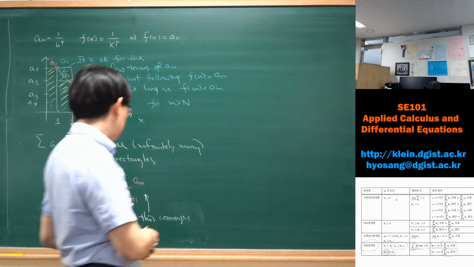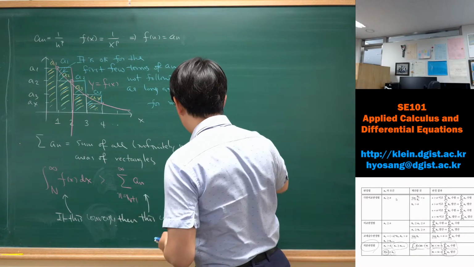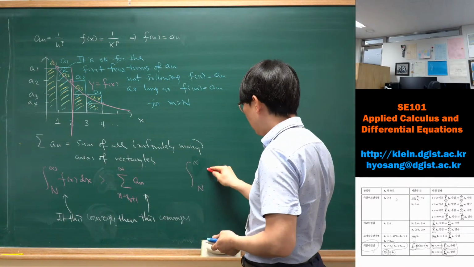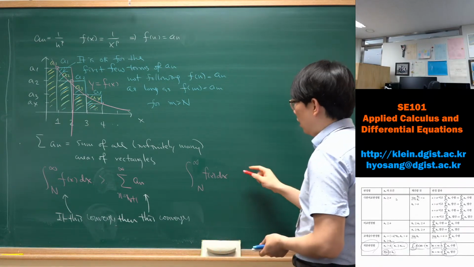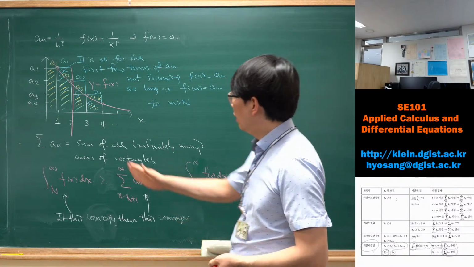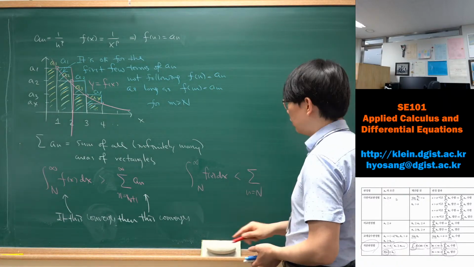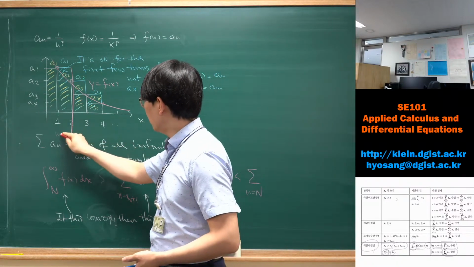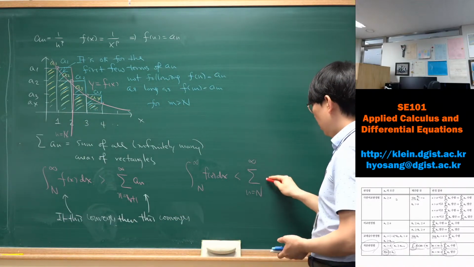So in that case, this improper integral from N to infinity of f of x dx is now smaller than the sum from n equals large N to infinity of a_n.